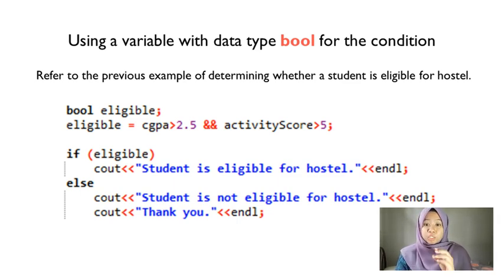If eligible is true, the program will output student is eligible for hostel. Else, if the condition is false, the program will output the student is not eligible for hostel. You can try it yourself using the Dev C++ compiler.